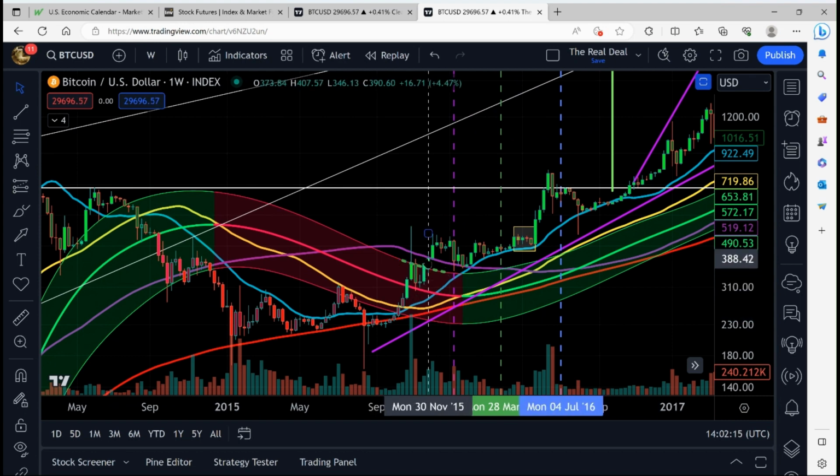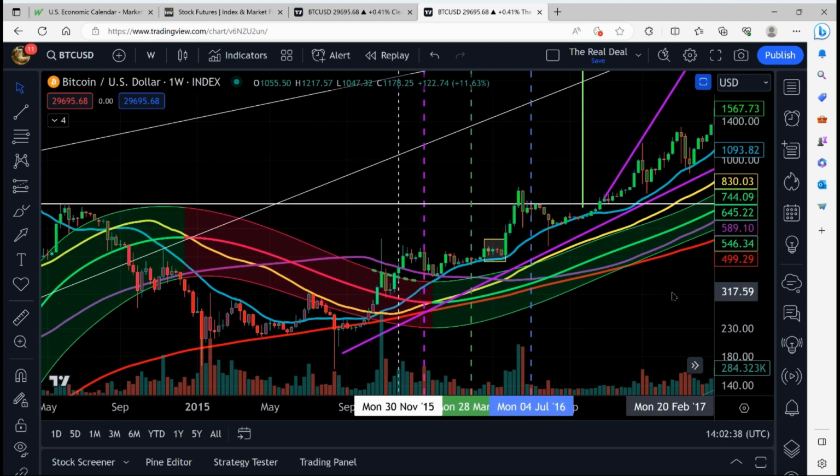Now, once we held the 100 as support and the 20 is when we started our bull market run here. Now you can see we did come through here for a couple months, but just barely below there.